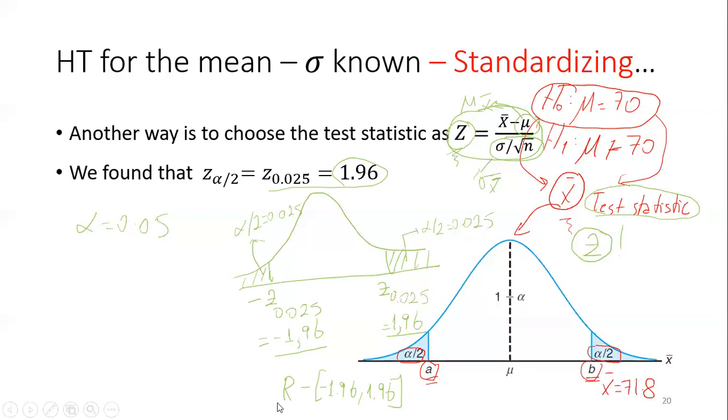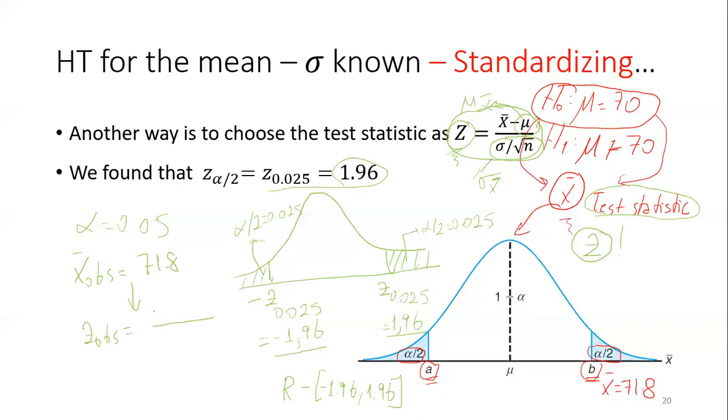Okay, now what we should do is find the observed Z. How to find the observed Z? Remember, in the previous example, our observed x bar was 71.8. So we simply convert this to a standard normal, which is now our z observed.